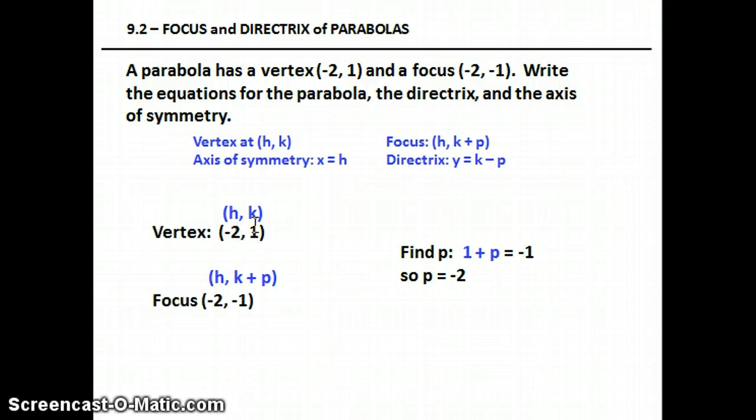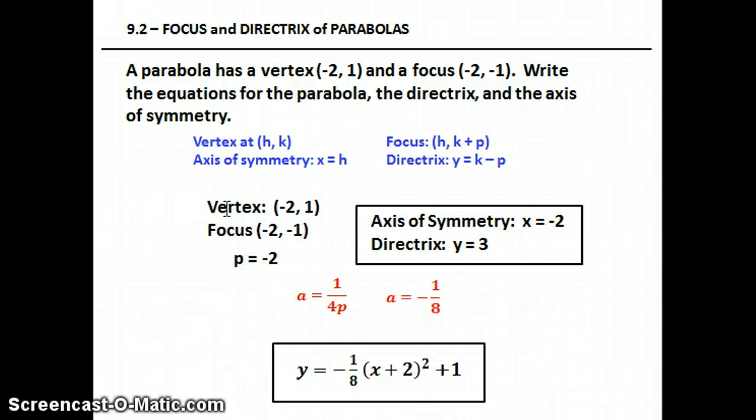Here we have h, k, -2, 1, which means our h is -2 here, and our focus y-coordinate, -1, is k plus p. Well, we know that k is 1. So we can say k plus p equals -1. We already know what those equal. So when we put that together and solve for p, p ends up being -2.